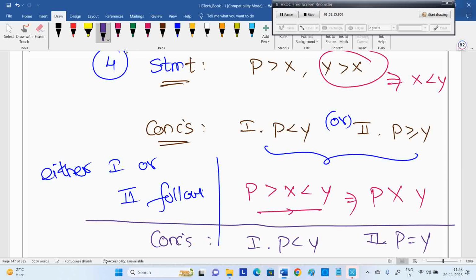If the conclusion is P less than Y, P equal to Y, then your answer should be: only one follows, only two follows, either one or two, neither one nor two, both follow.